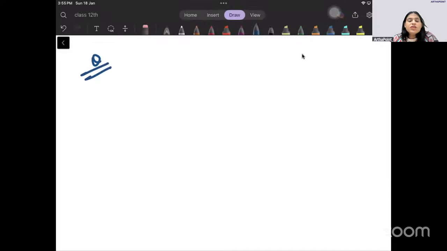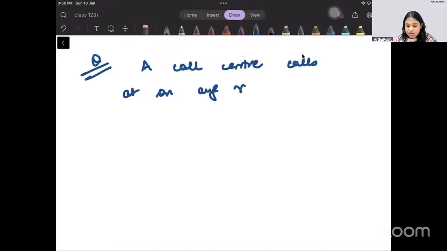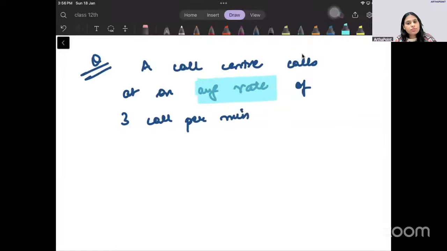In exam वो ऐसा कुछ word use करेंगे, average rate. जैसे average word पढ़ो discrete में माने Poisson है. So for example, if I tell you a call center calls at an average rate of 3 calls per minute. देखो average rate, ठीक है, and x represents number of calls in 1 minute.